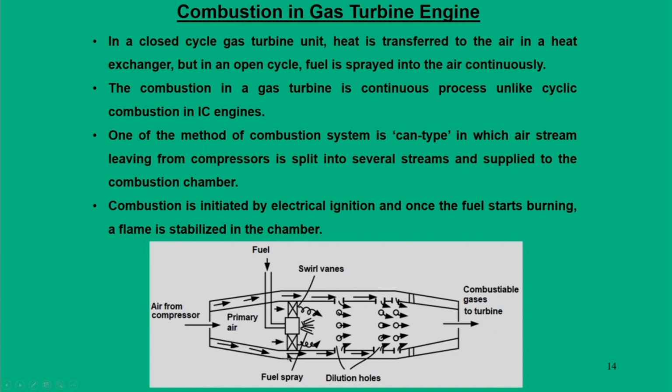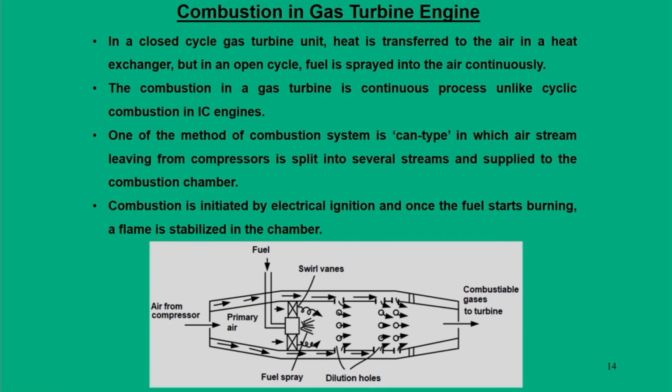Air can come through the main region, and we call this primary air, which is the majority of the air. Another type of air comes through holes in the circumference of the cross section; we call these dilution holes, and secondary air comes in through them.